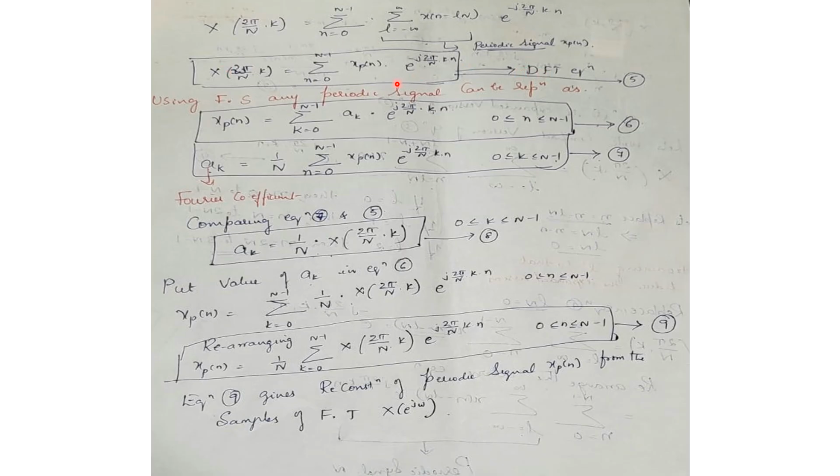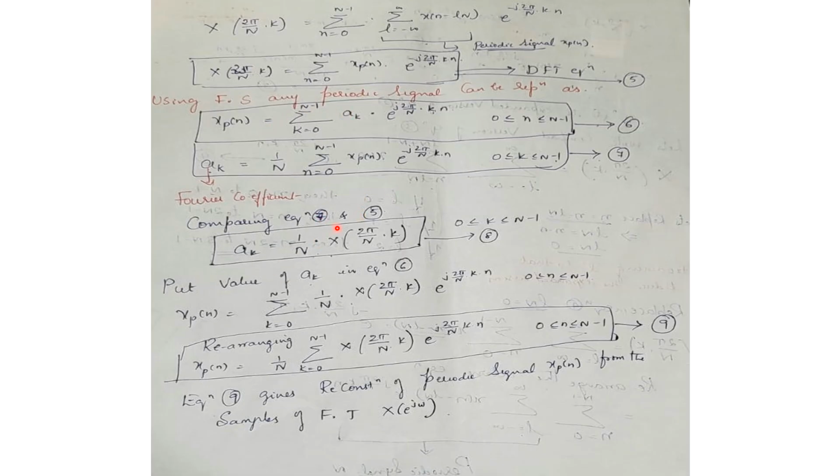Now using Fourier series, we are going to reconstruct the signal back. So for reconstructing the signal, you need Fourier series. As we do not have Fourier series in your syllabus, let us remember these two equations for the derivation's sake.